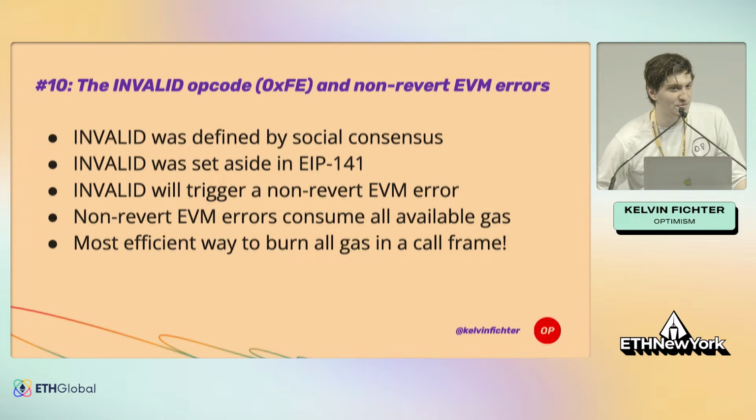We wanted to do this in a way that wouldn't put pressure on nodes, because if you're actually doing work, you're putting pressure on nodes. So we can just burn the gas really efficiently by doing a call, and then we just trigger the invalid opcode, and then all the gas is gone. That's how you pay for it, by burning gas, if that makes sense.